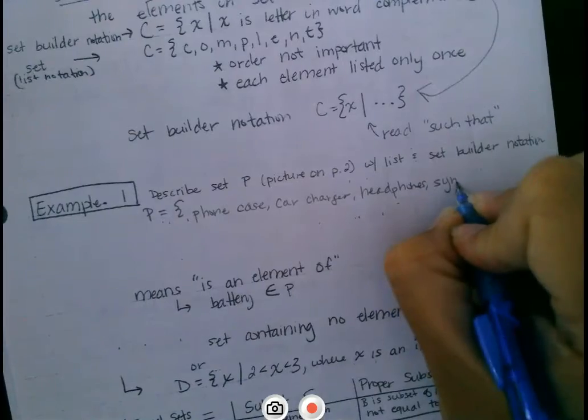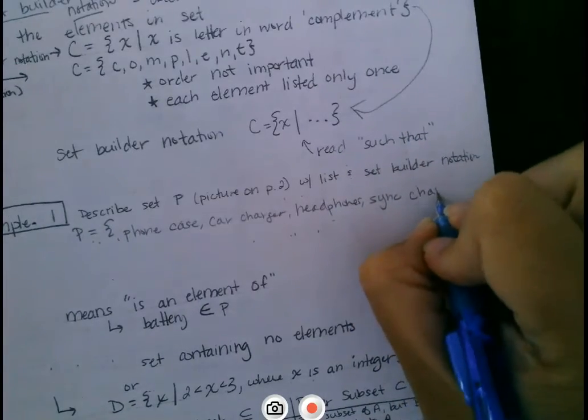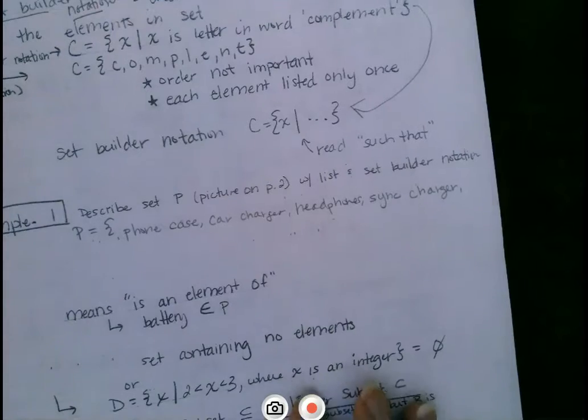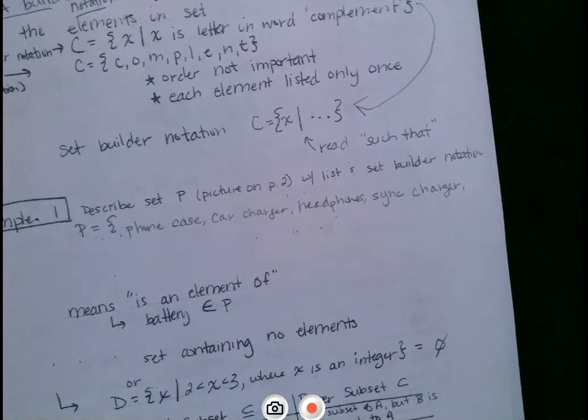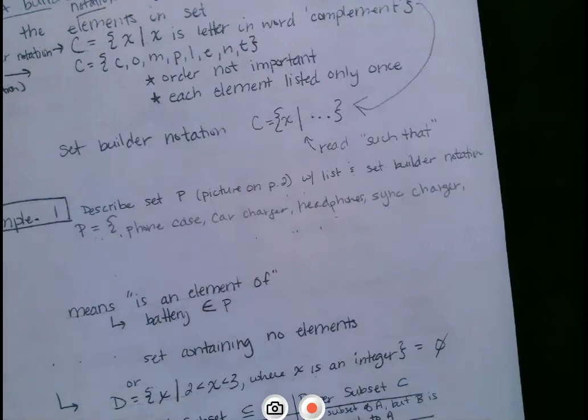A USB charger. I'll put a sync charger or USB cable, however you put it. So there's 1, 2, 3, 4, 5, 6, 7 things in the picture. Put a USB charger.